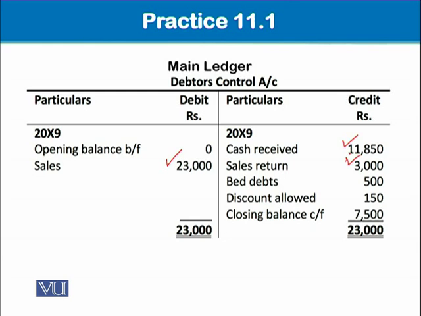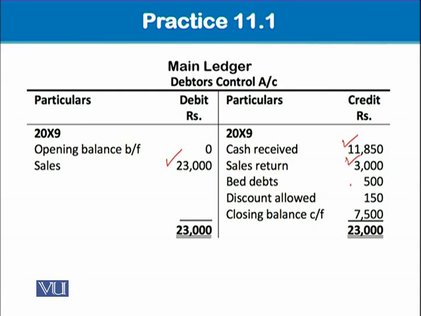And now come to that general journal. There was only one single accounting entry in general journal in which we debited the bad debts account and the credit was given to the debtors individual account. So that was taken to the individual account as well as that will be taken to the control account also.